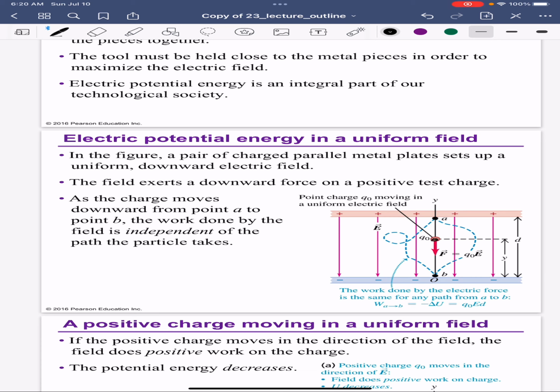As the charge moves downward from point A, near the positive plate, to point B, at the negative plate, the work done by the field is independent of the path the particle takes.